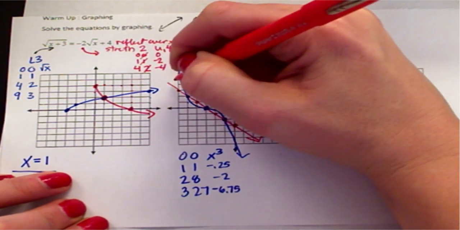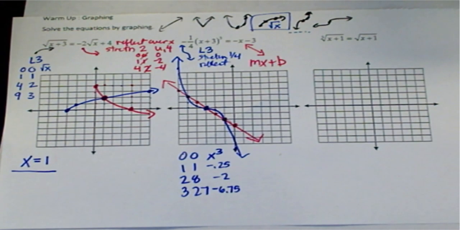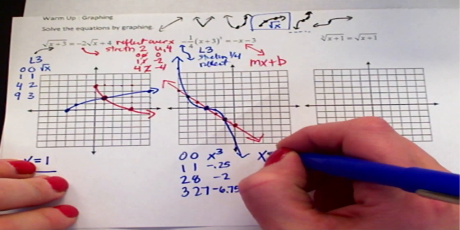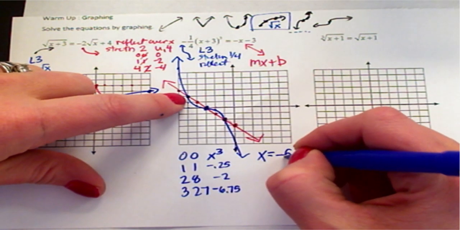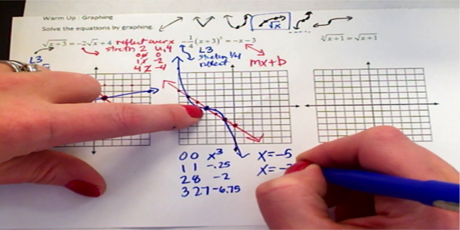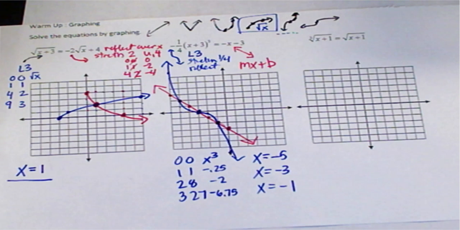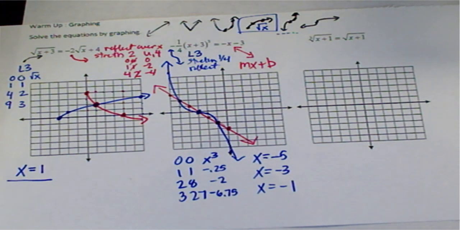And so this particular one crosses 3 times. X equals negative 3. X equals negative 1. It happens to cross 3 times.